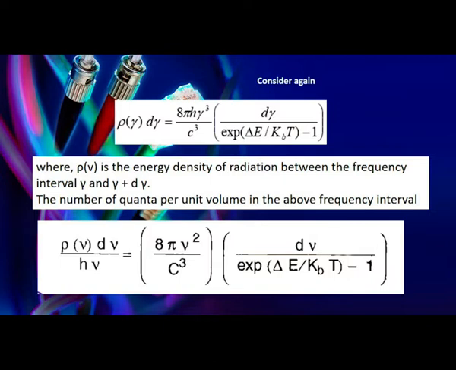Now, rho represents the energy density, nu represents the frequency range, rho d nu is equal to 8 pi h nu cube over c cube, where nu is the frequency of the radiation and c is the speed of light, d nu divided by exponential of delta E divided by k b T minus 1. This is a very standard equation with which you must be familiar from your undergraduate days. This is the black body radiation equation.